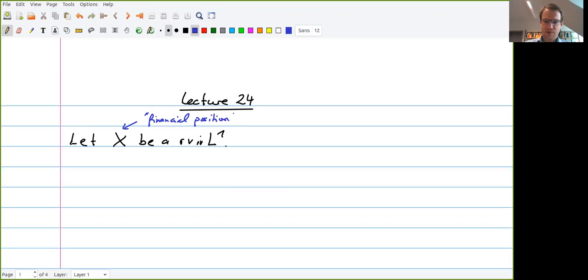And well, the goal we are currently heading to is to understand how we can assign to such a financial position, so this random variable X, a way to quantify the risk we face from having this exposure in the market.